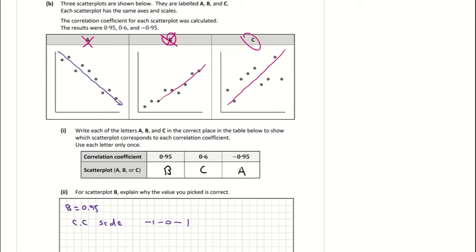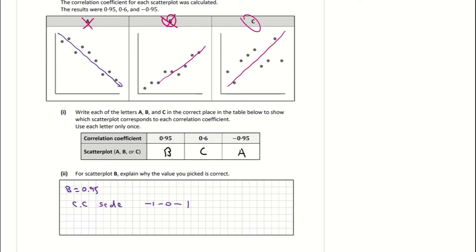So it must fall between -1 and +1. So we can state all this, where 1 is perfectly strong, a correlation coefficient, and 0 would be no relationship. There's no relationship between the two variables.